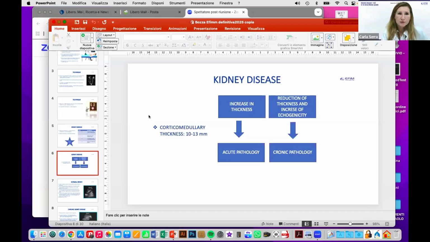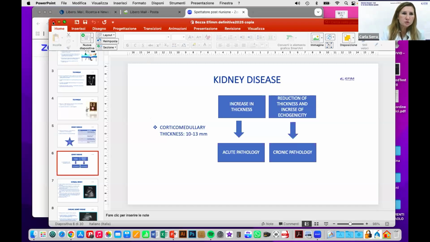Yes, we can add something about contrast ultrasound, because to be honest, sometimes B-mode evaluation of the kidney in case of pyelonephritis, when we have no complications, can be normal.